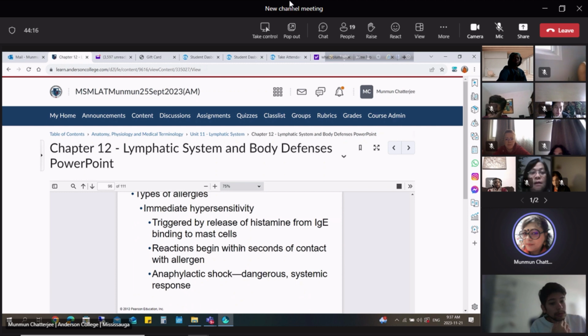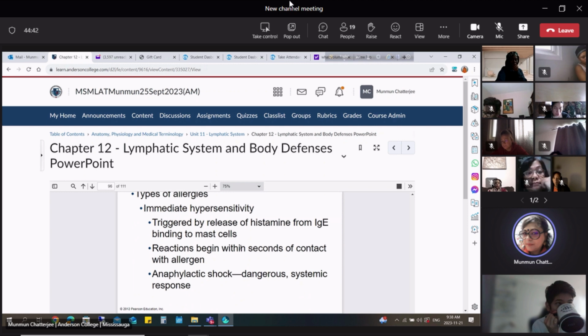So here the IgE comes into the picture. IgE releases histamine to act on the immediate allergy site. So immediate hypersensitivity is caused by the IgE through the release of histamine.